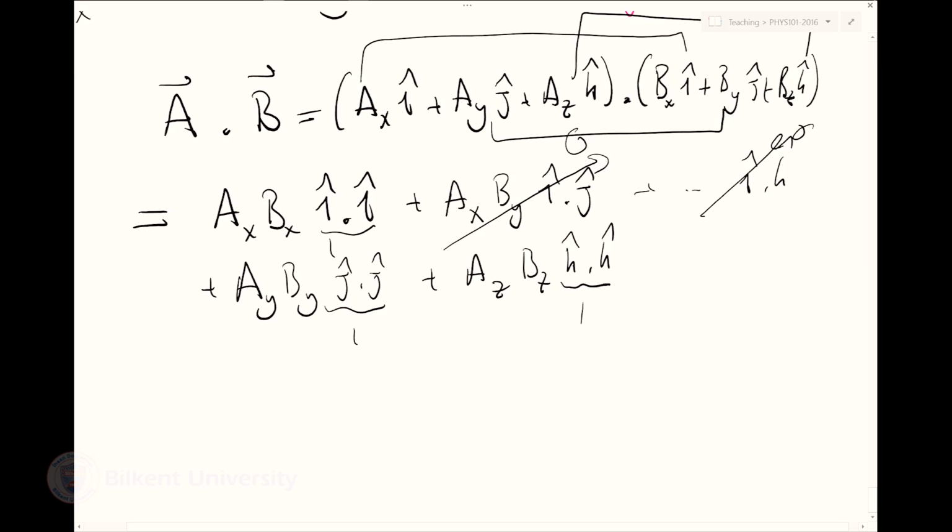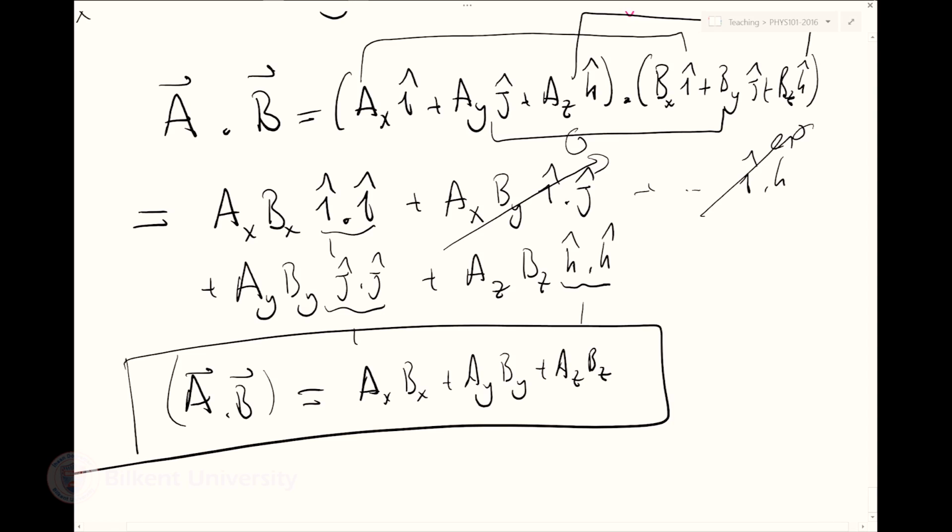So as a result, I can easily say a dot b is the multiplication of the components. All right? You see that I didn't have to do another definition. That's the nice thing about unit vectors. If I can do something with unit vectors, I can do it for all vectors. That's the nice thing about component notation.